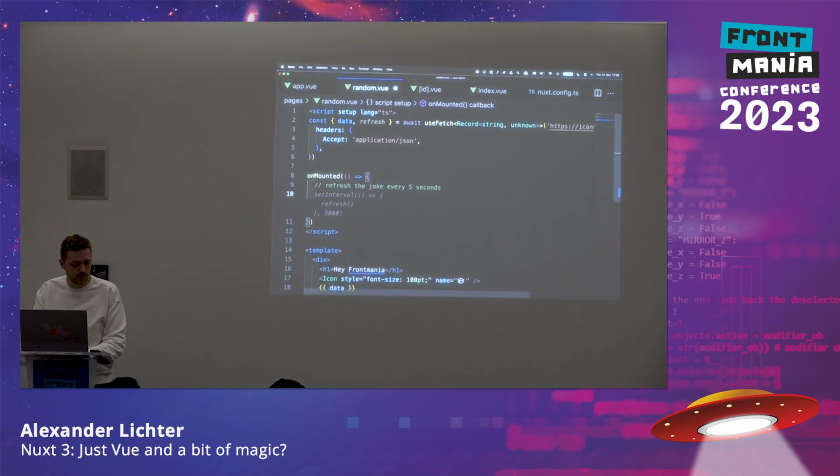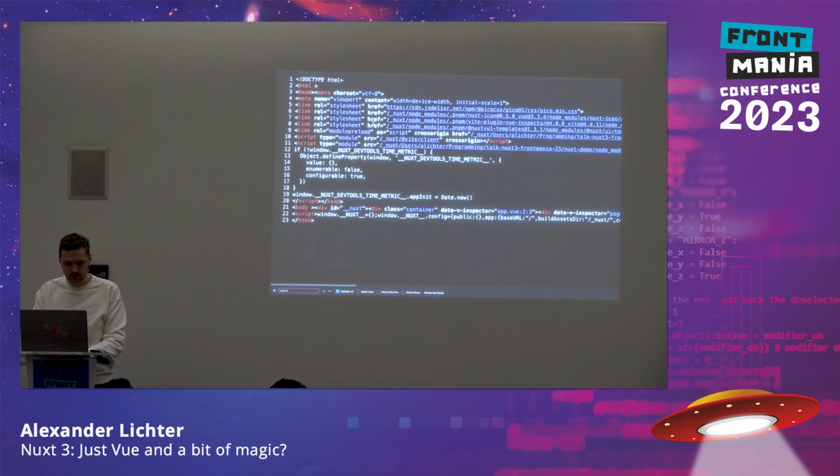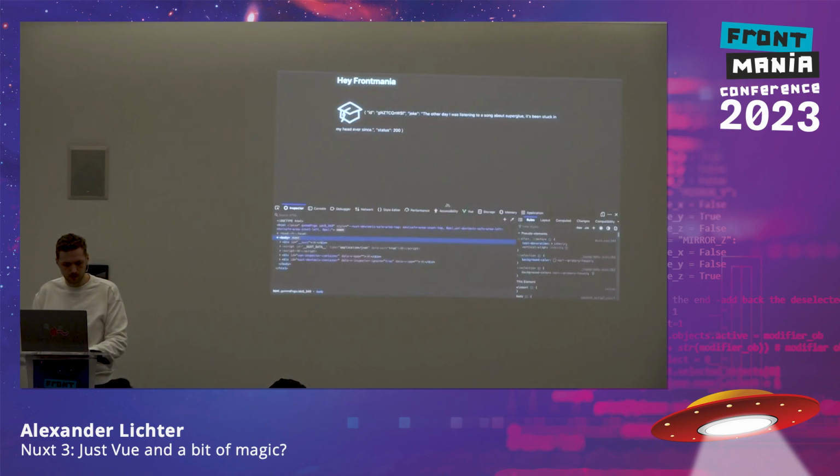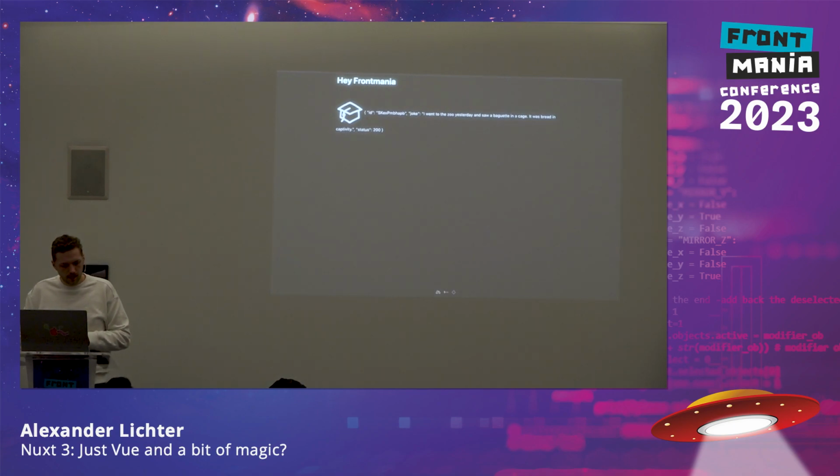So we can, in theory, just say, let's give an interval, call refresh, and maybe leave that here for documentation purposes. And if we go back now to random, oh, we also already here, refresh this, and wait 5 seconds. It changed.